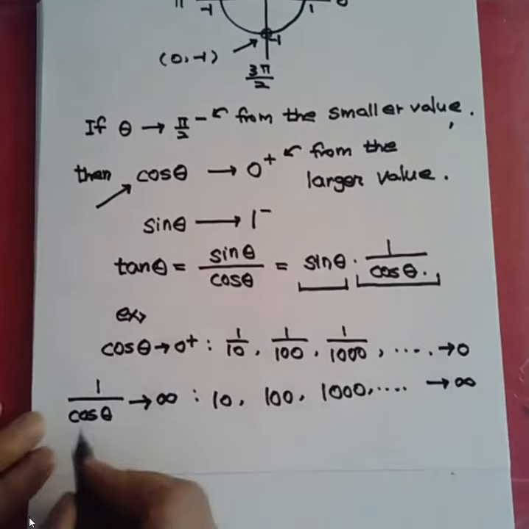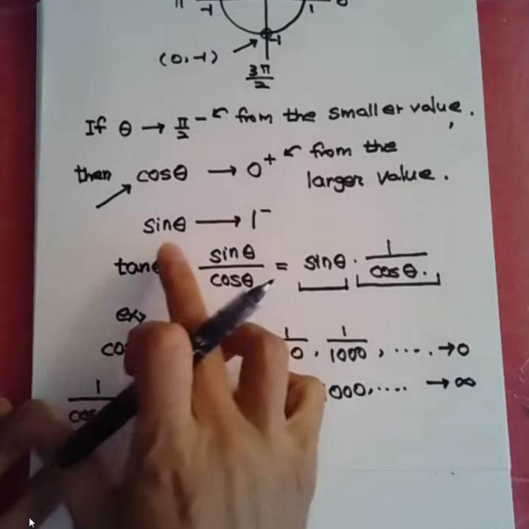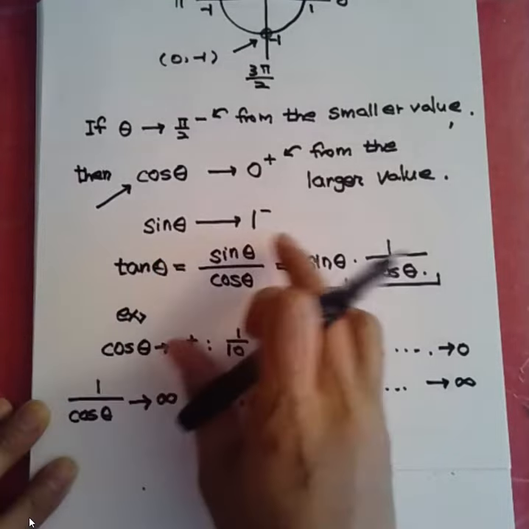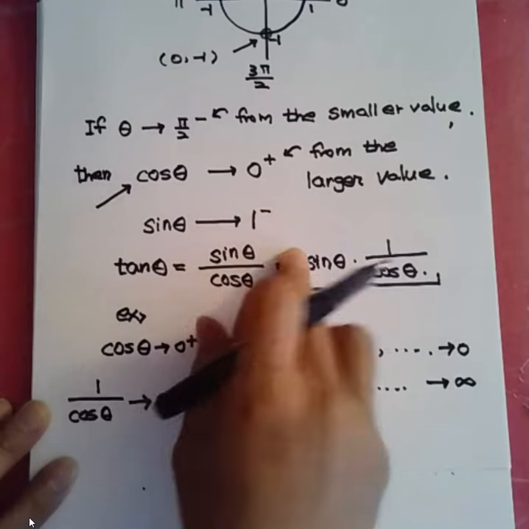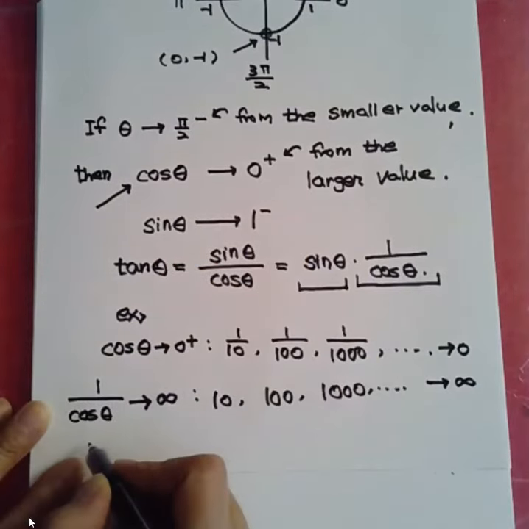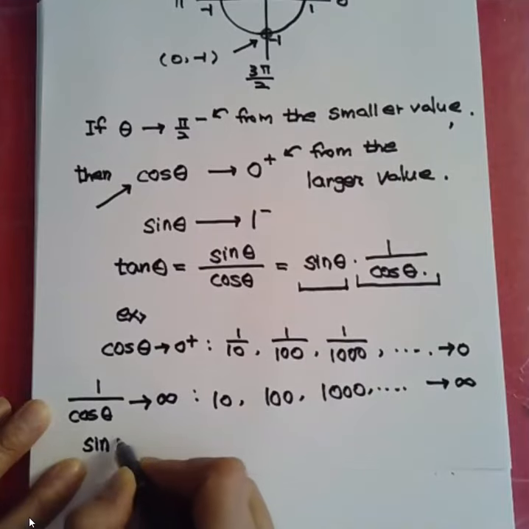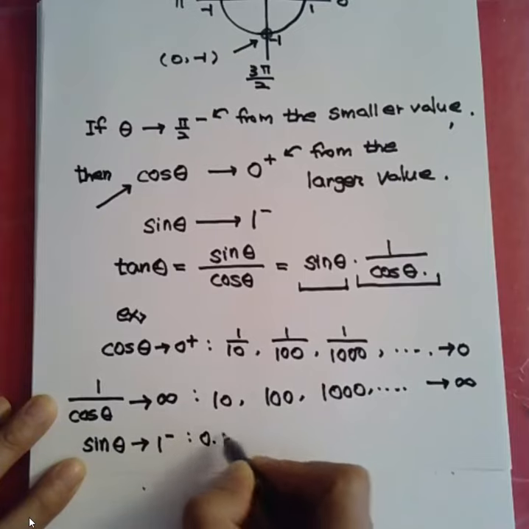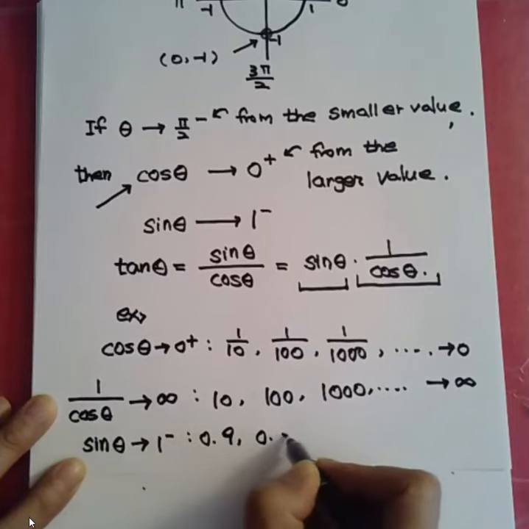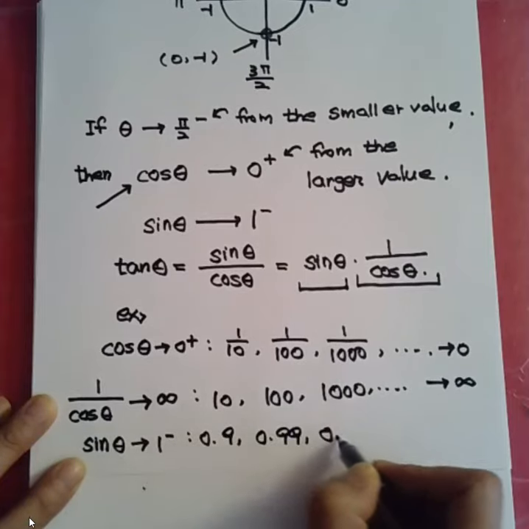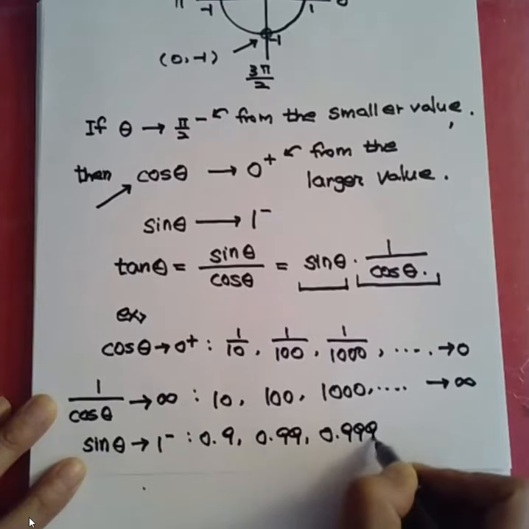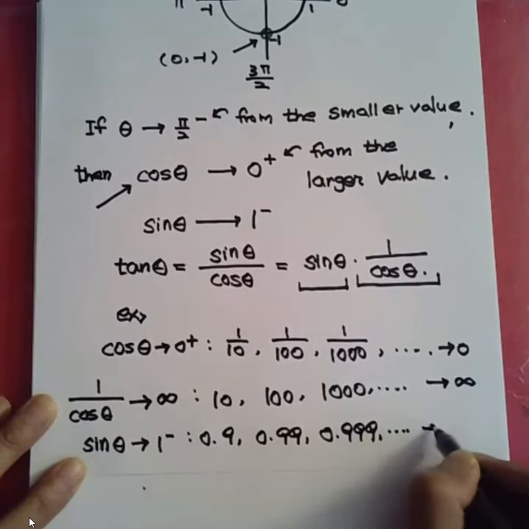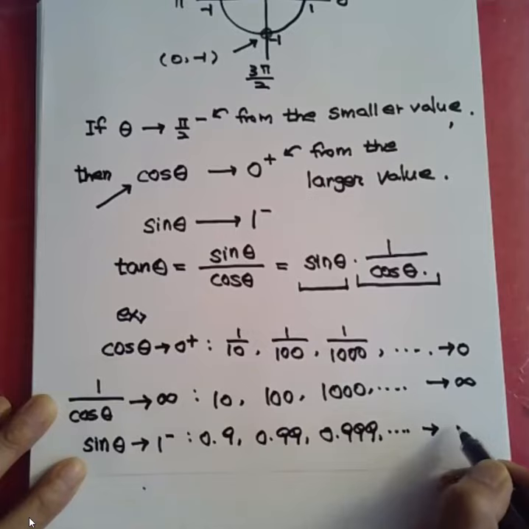If we think about sine approaches 1 from the smaller value, then the meaning of that is something like this: 0.9 and 0.99, 0.999. It gets larger and larger, but it doesn't go to infinity this time.